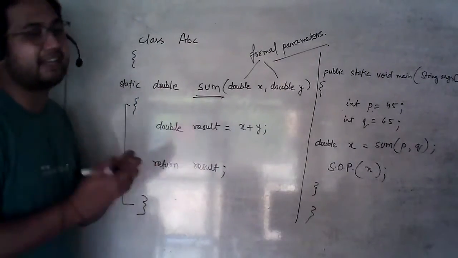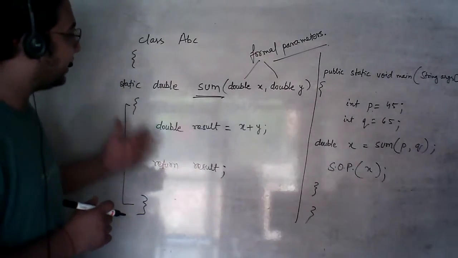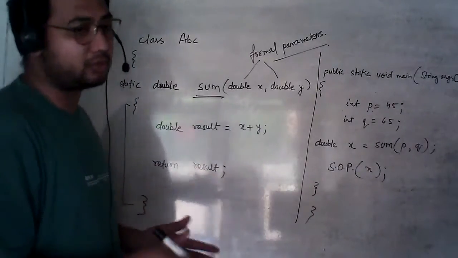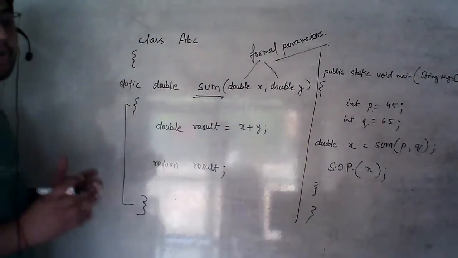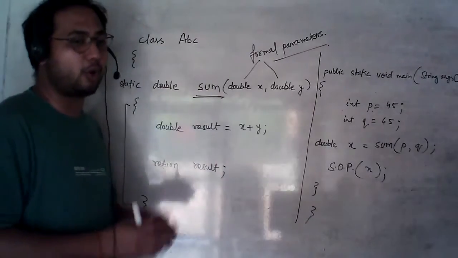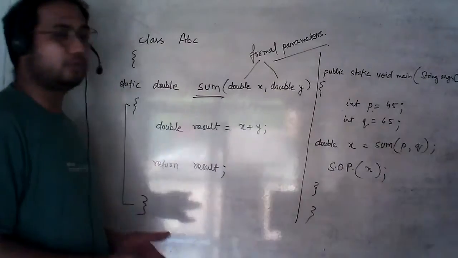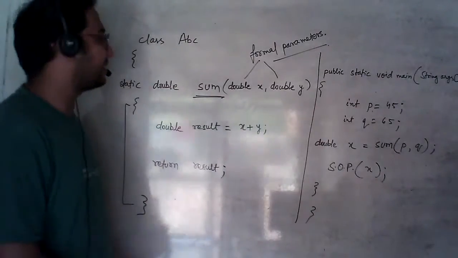Here I have given a very small task, but I could have given a big task also, and in this way I can do the modularization of my program. I can make small modules of different types of jobs, and I can use those modules in the same program. This is the benefit.